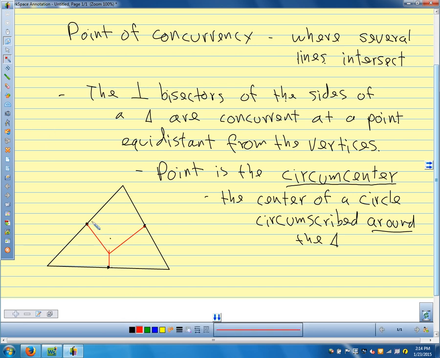These are all perpendicular, they all make a 90-degree angle, and they bisect the sides. So they meet at this point, I'll call P. Point P is the circumcenter.